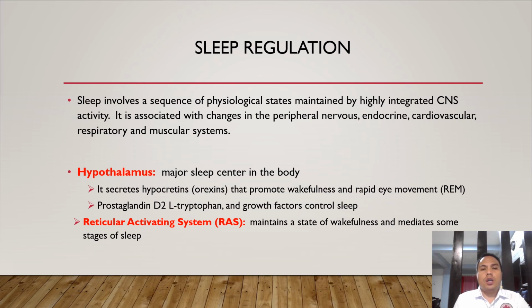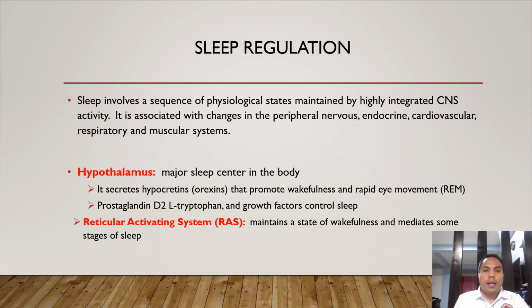Sleep regulation. Historically, sleep was considered a state of unconsciousness. More recently, sleep has come to be considered an altered state of consciousness in which the individual's perceptions and reactions to the environment are decreased.